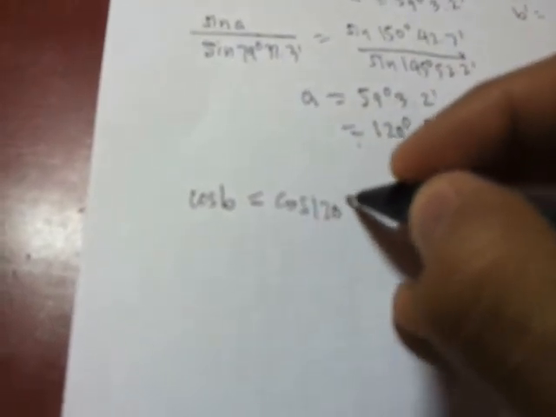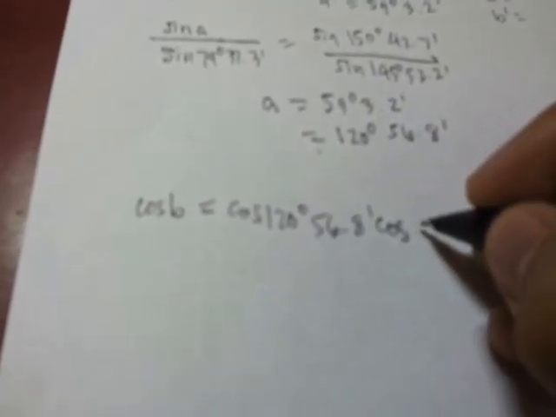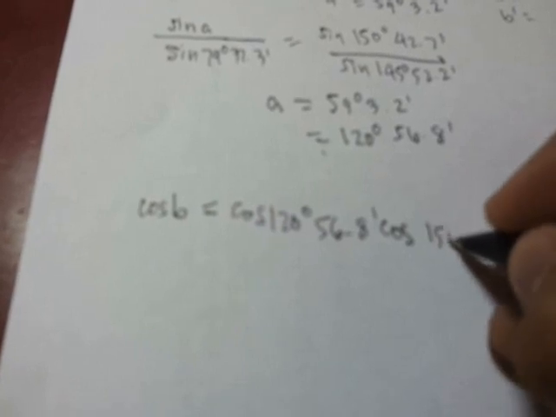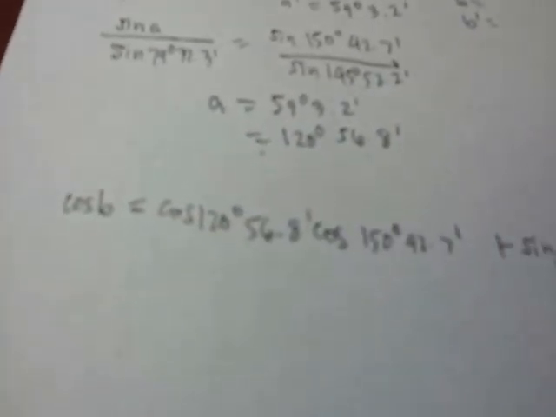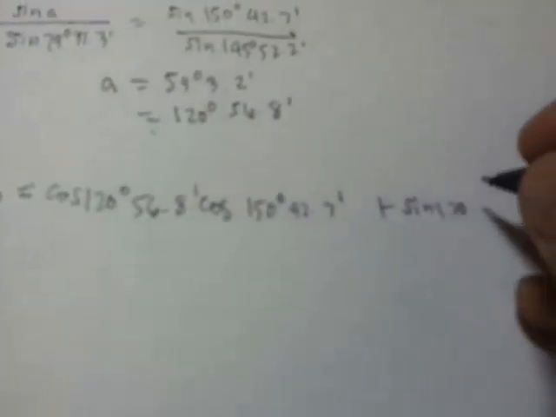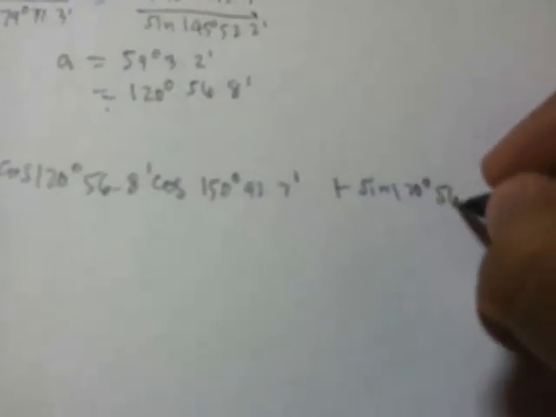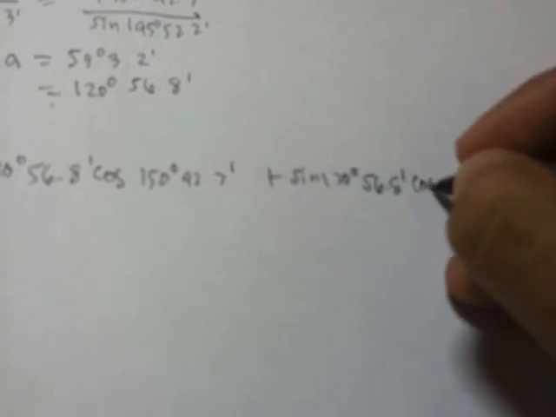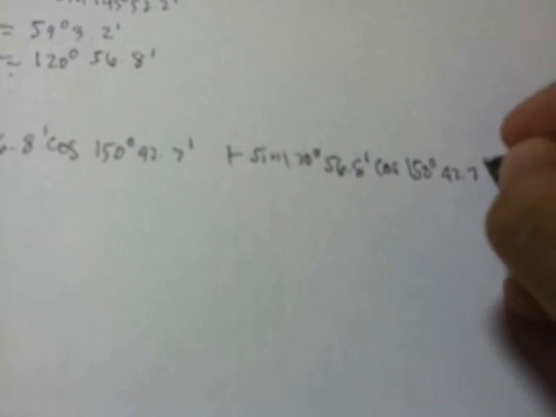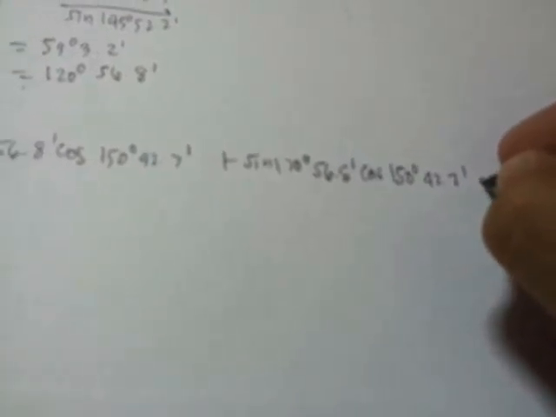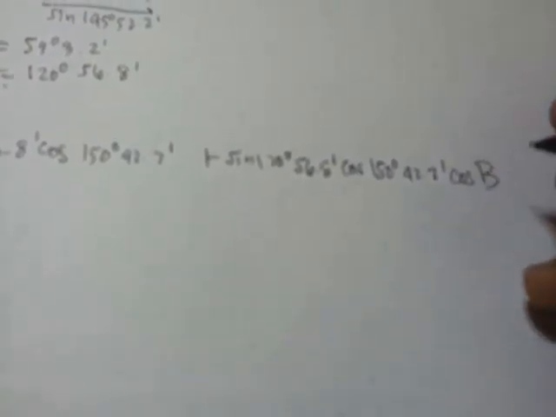Cosine of one side times the other side, cosine of the other side, which is 150 degrees 42.7 minutes, plus the sine of 120 degrees 56.8 minutes cosine 150 degrees 42.7 minutes times the cosine of the side we're looking for.